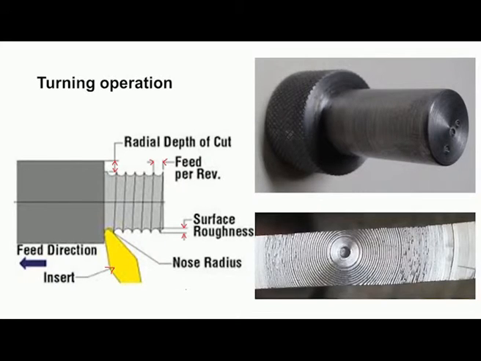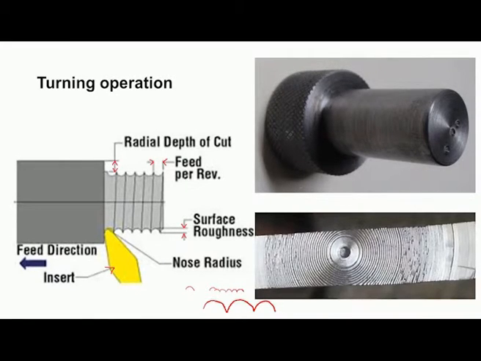If you have a very fine feed, then we get the surface roughness like this. And if the nose radius is more, we get the surface roughness like this. So, the geometry and the machining conditions do affect the roughness of the workpiece.